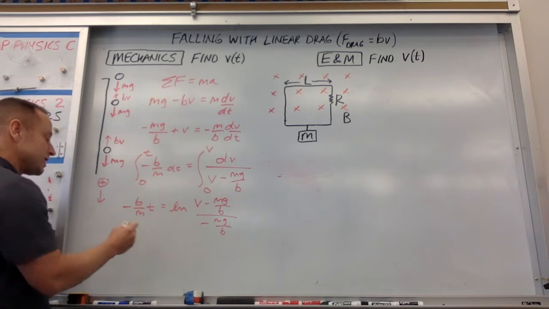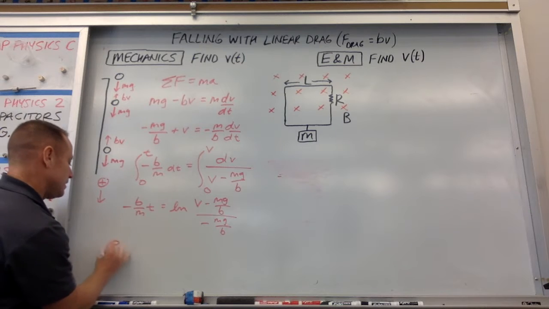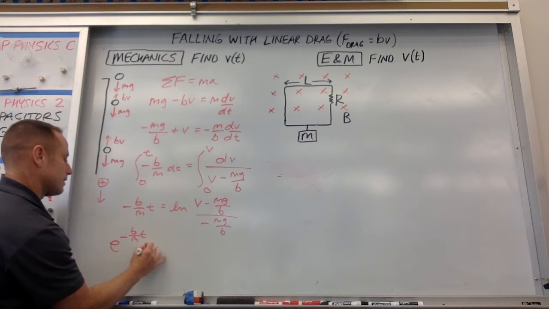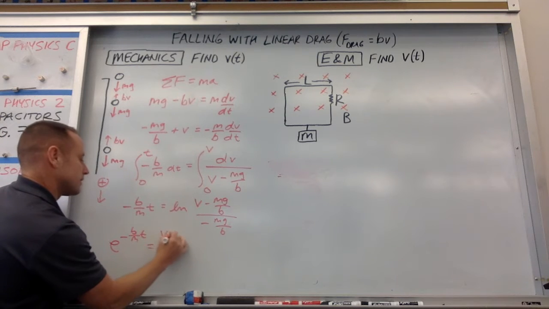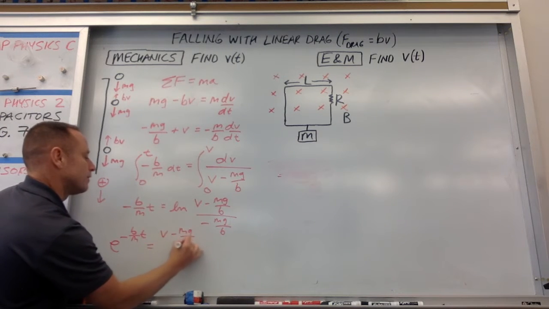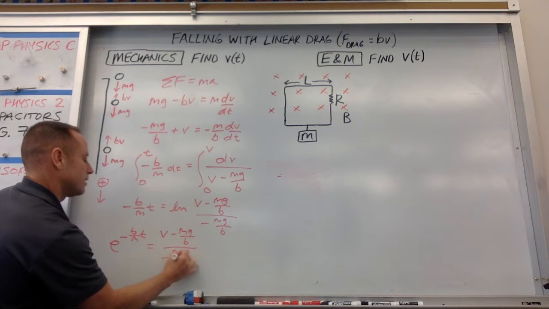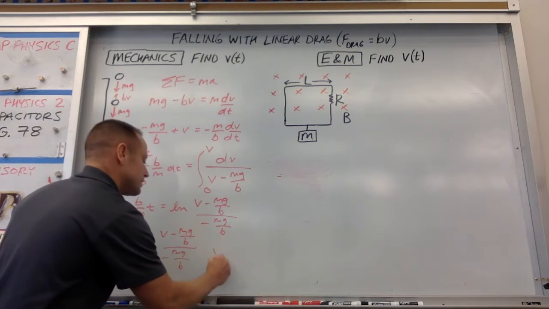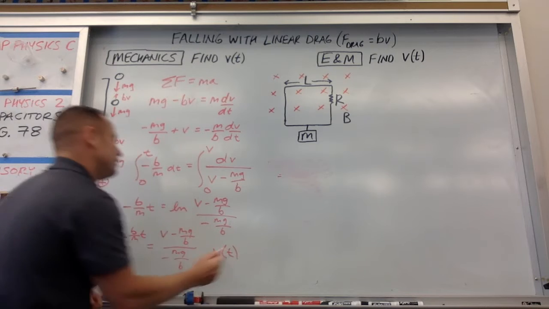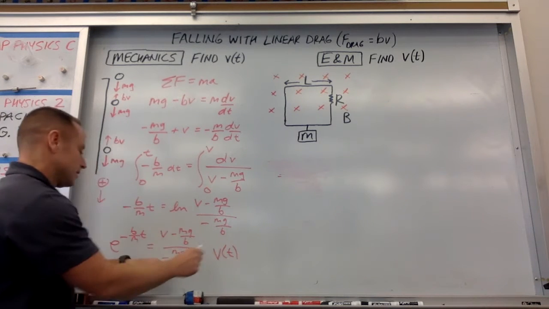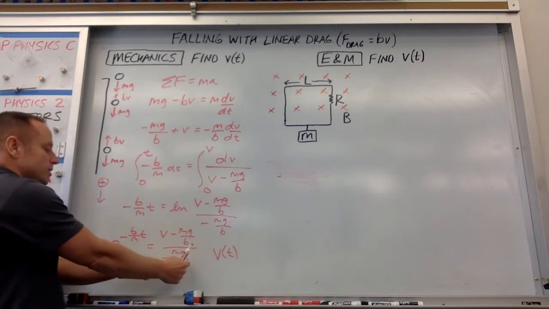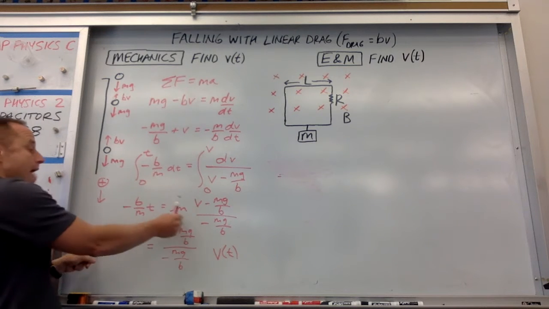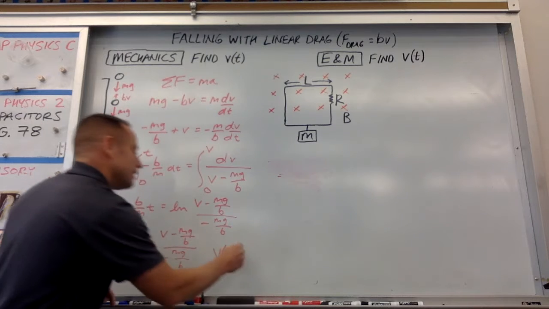So you'd exponentiate both sides. e to the minus b over m t equals this thing, v minus mg over b over minus mg over b. And then finally, all you'd have left is to solve for v. So finally, in all its glory, we get v of t equals: you would multiply by minus mg over b and then add mg over b.